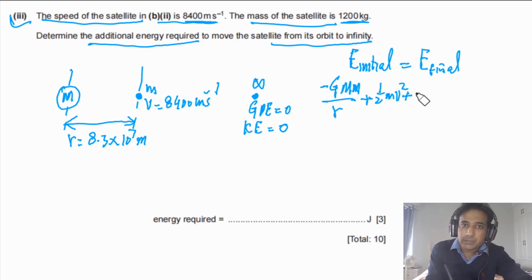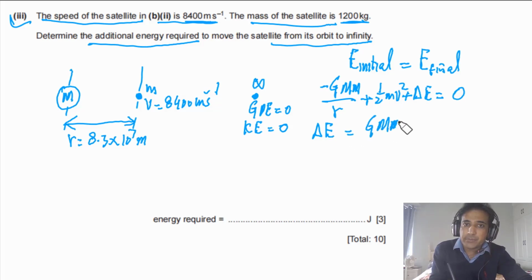So we need some additional energy, delta E, and this has to be equal to 0. So from here delta E is equal to G capital M small m divided by R minus 1/2 mv squared. So this is the additional amount of energy we need.